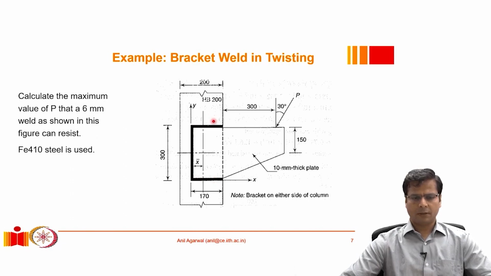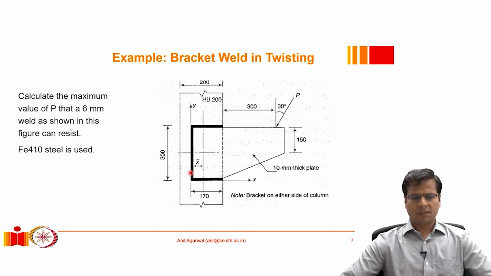The plate thickness is given as 10 millimeters. We need not check all that because a 6 millimeter weld is provided, that is already given to us. The point where the load is acting is 300 millimeters away from this edge of the weld. Also the weld length is 300 millimeters, and that is exactly the same height where the load is acting.